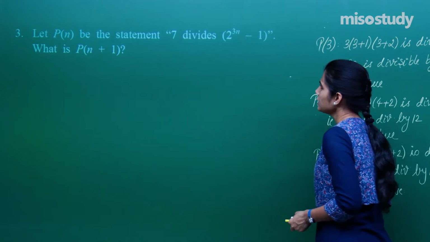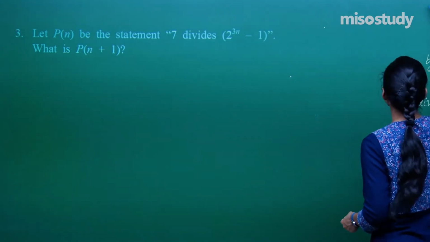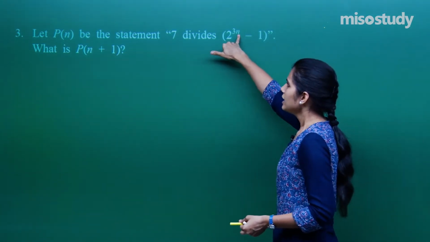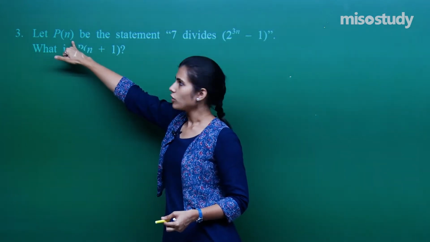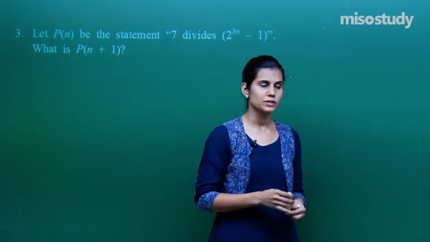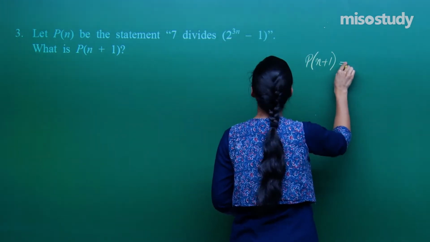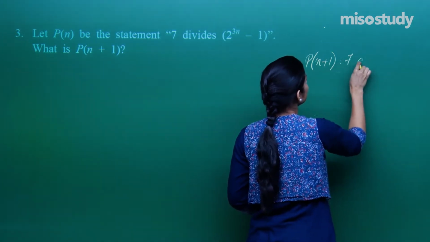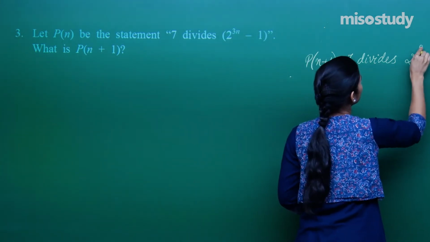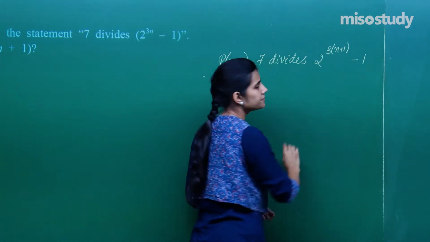Next question we have, Pn is representing the statement 7 divides 2 to the power 3n minus 1. What is Pn plus 1? Clearly if you have a statement in terms of n and that is represented by Pn, what would be the statement Pn plus 1? It would be the same statement with n replaced by n plus 1. So Pn plus 1 would be nothing but 7 divides 2 to the power 3 bracket n plus 1 in place of n, minus 1.